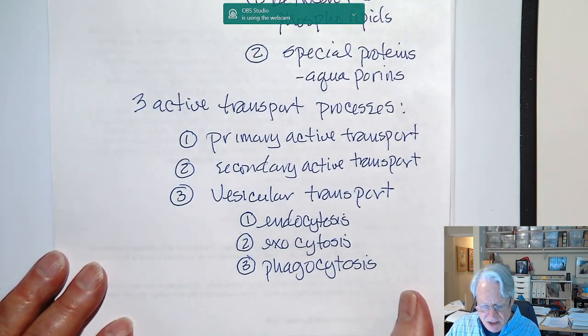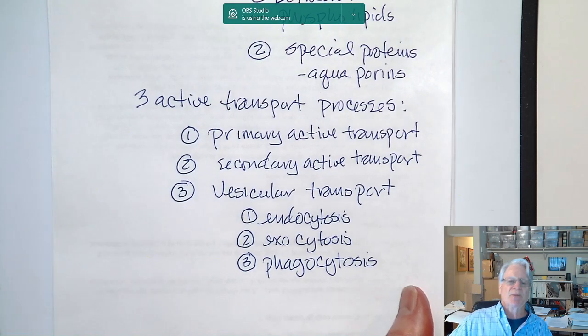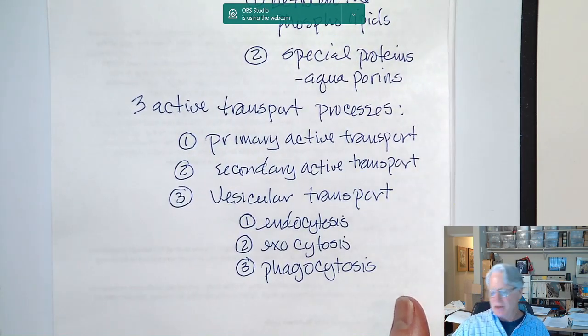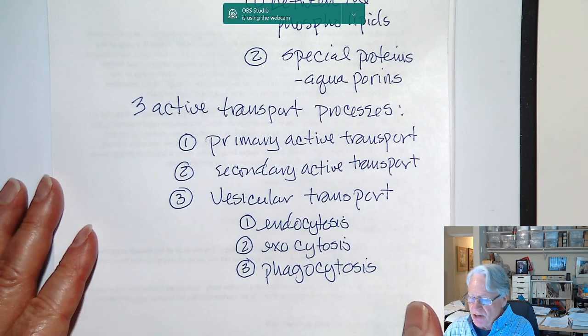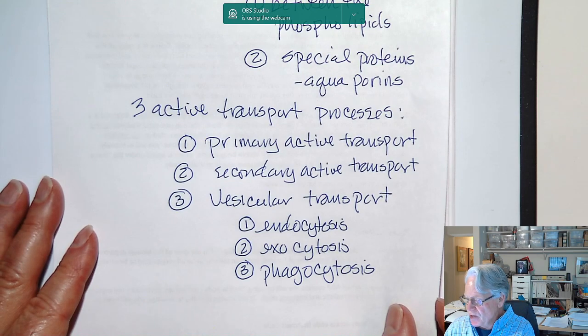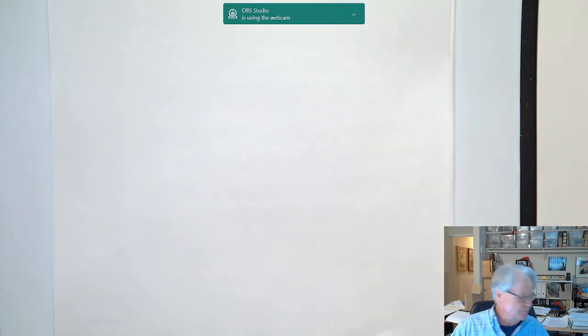All right. So those are the mechanisms or the pathways in which things can move back and forth across the membrane. Let's take a look at some of the principles that will guide that movement and some of the natural or physical laws that are involved with the movement of substances across that membrane. Okay.